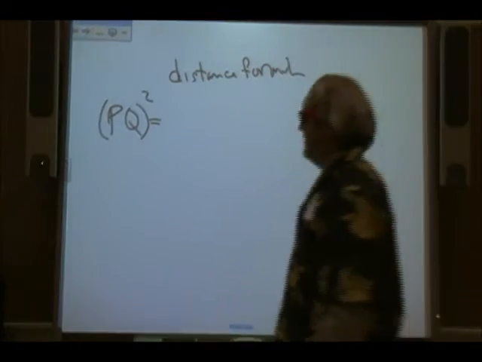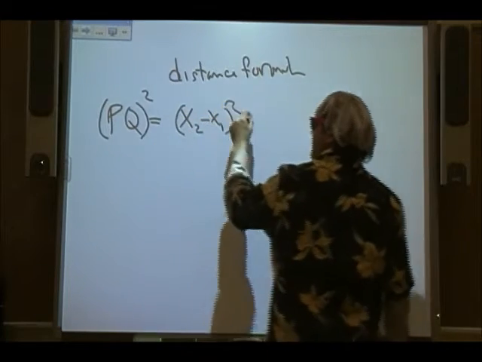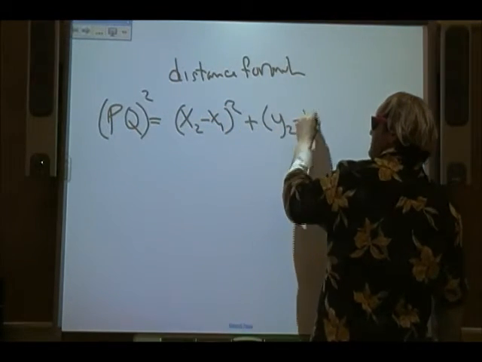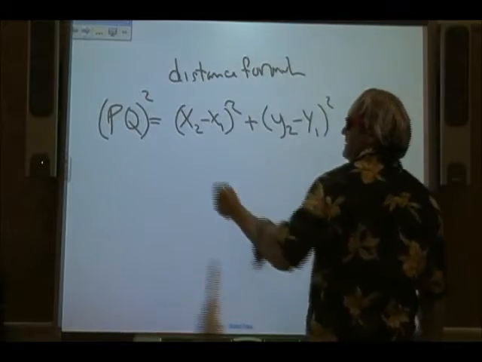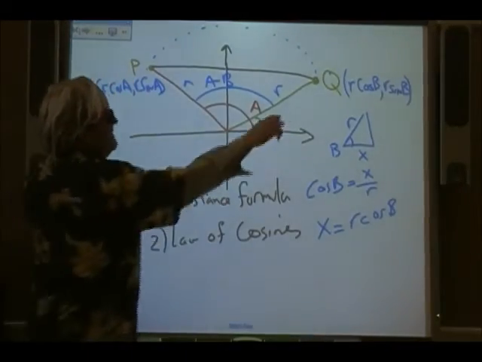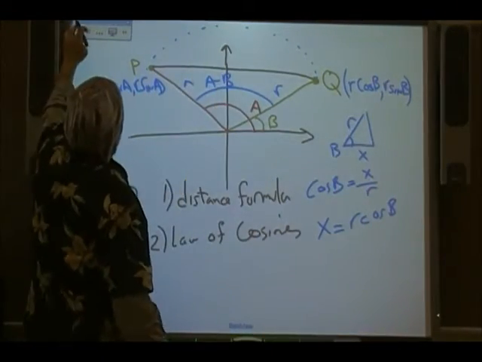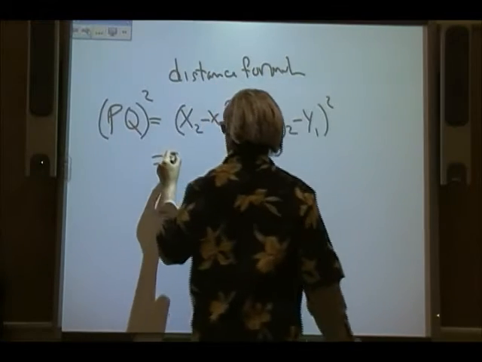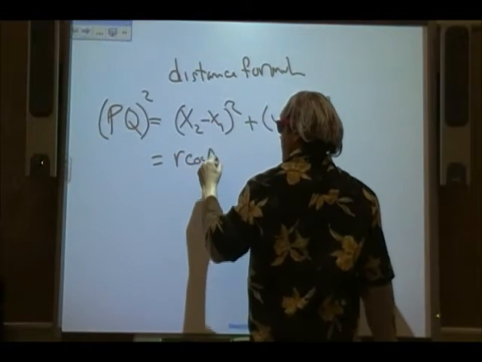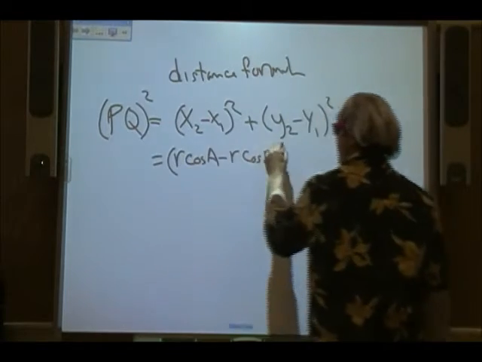Now, the formula is that you subtract the x's and then you subtract the y's. So in our case, when I go back, I subtract the x's. Here are the x's. R cosine A minus R cosine B. And I have to square this.